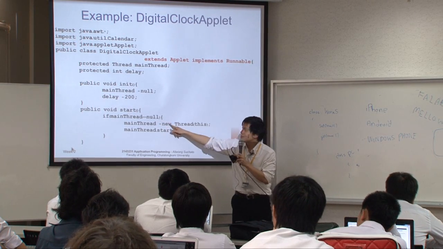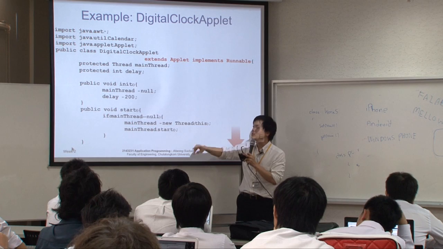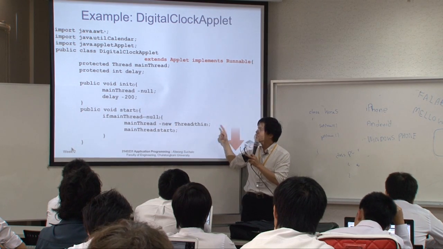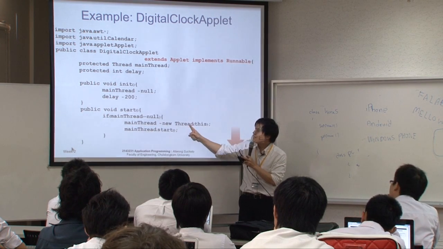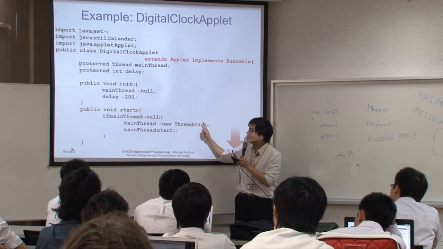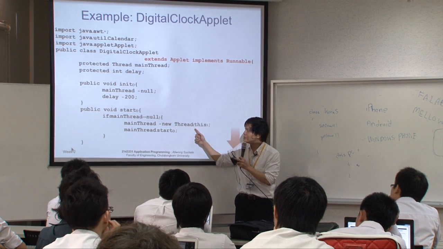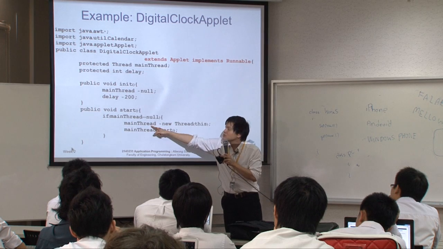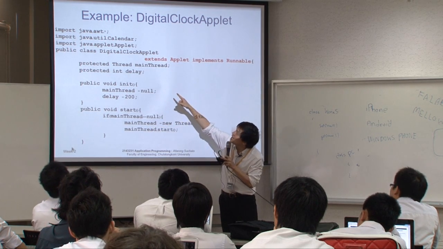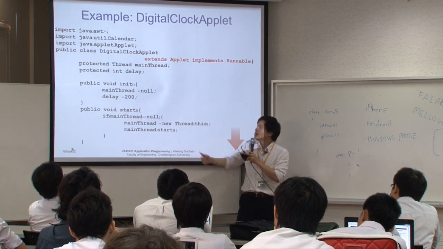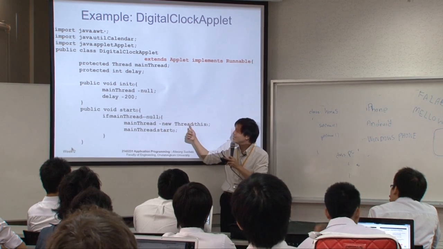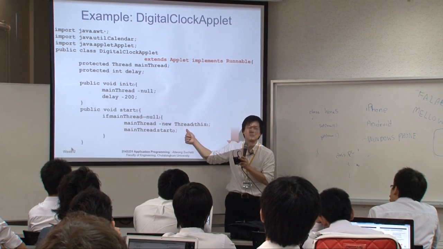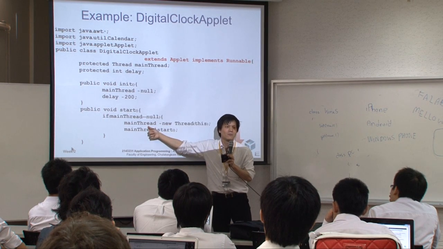Look at this line; you do not have to worry about anything else, just focus on this line first. It says new thread, this, and it assigns this object to this variable. This variable called main thread is of type thread. You know that this assigns a new object of the class thread to this variable.